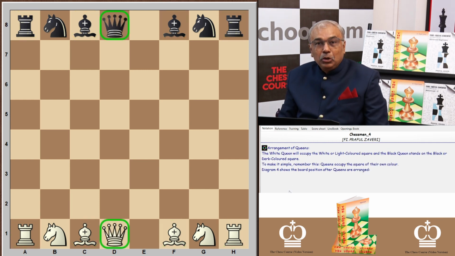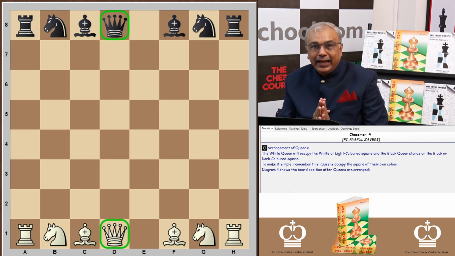And now 2 squares are left empty. We have arranged 6 chessmen, starting with 2 rooks, followed by 2 knights, followed by 2 bishops, and we now have 2 empty squares. Let us start with the queen. The player with the white pieces will place his white queen on a white color square.